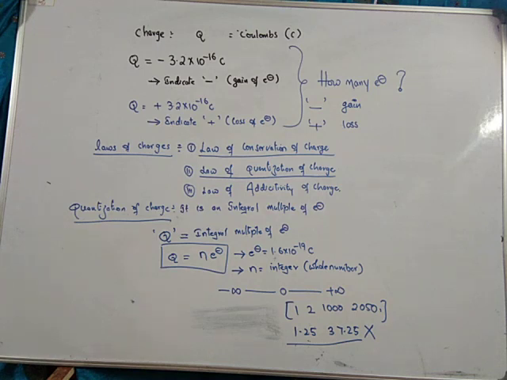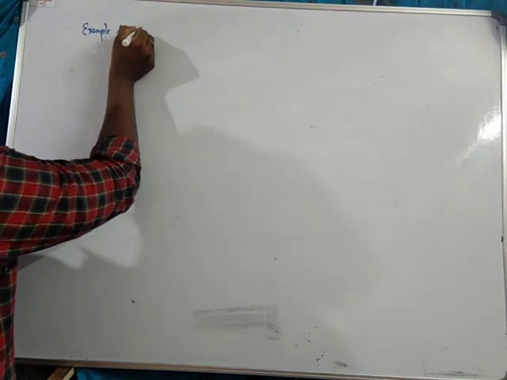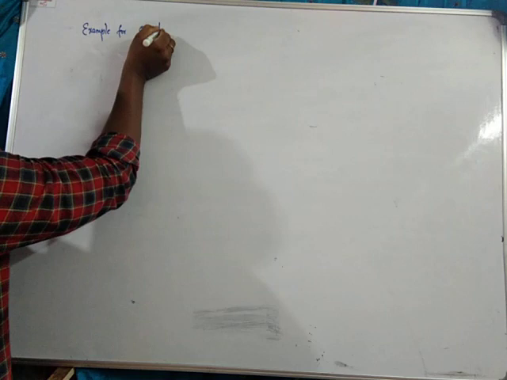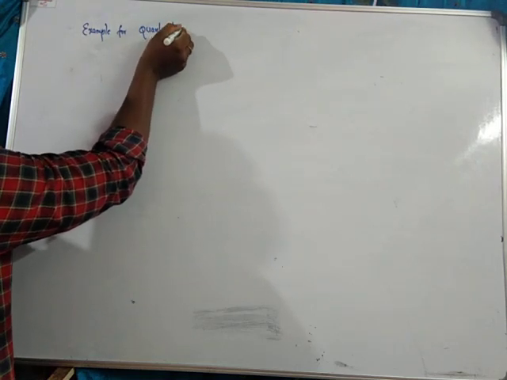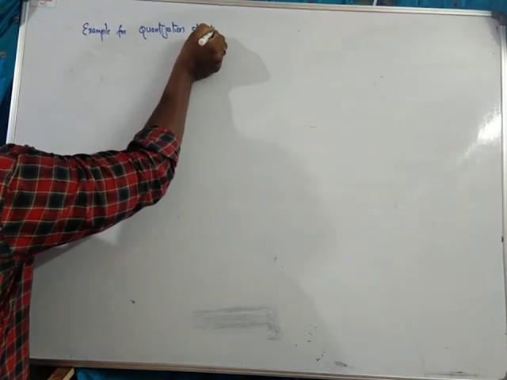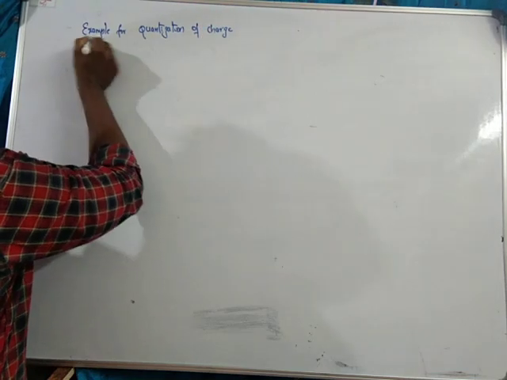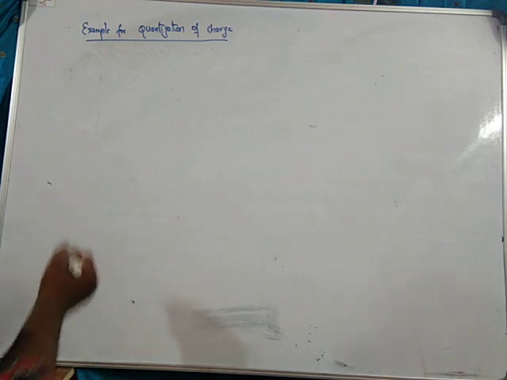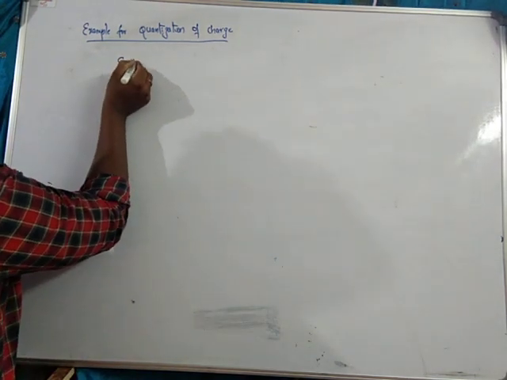So we will clear this with one example, an example for quantization of charge. This is the same example for how many electrons we will have if we have a positive charge or a negative charge. For example, consider example 1.